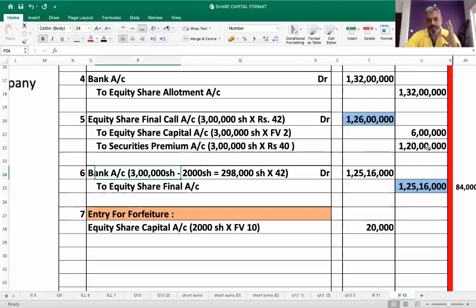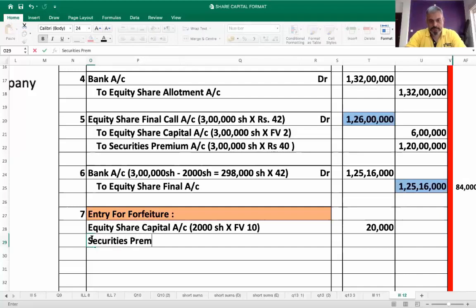So we have credit balance of securities premium, but that amount we have not yet received and we are not going to receive because the shares are forfeited. So we have to reverse equity share, we have to reverse securities premium account. So let's reverse it, securities premium account.